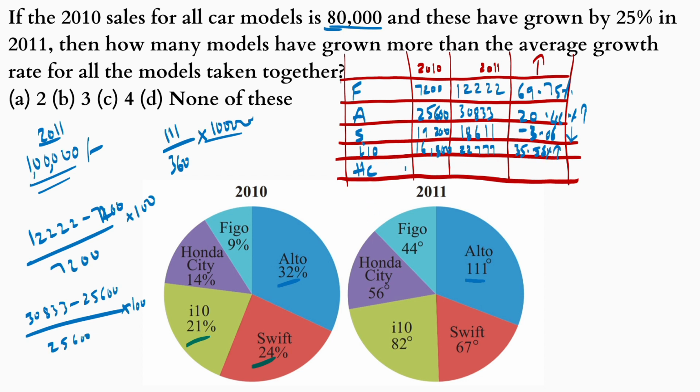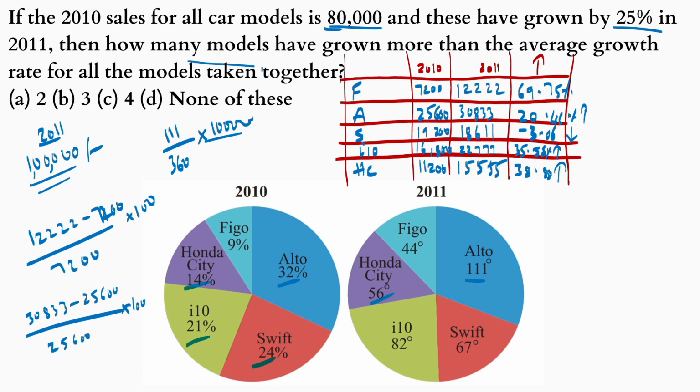And what about the last brand, Honda City? 14% of 80,000 is 11,200, and 56 degrees of 1 lakh is, and the change is 38.88 percentage increase.